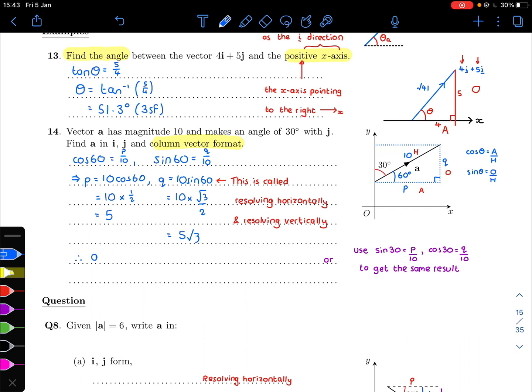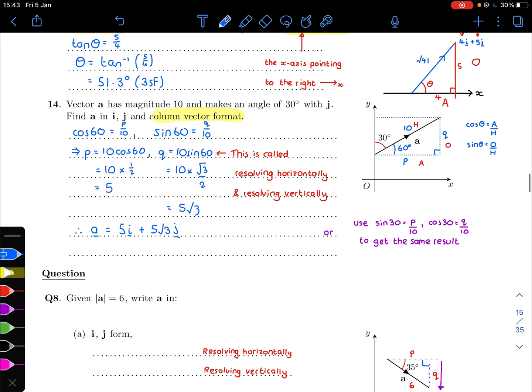So vector A can be written as 5i plus 5 root 3 j, or in column vector format, 5 and 5 root 3.